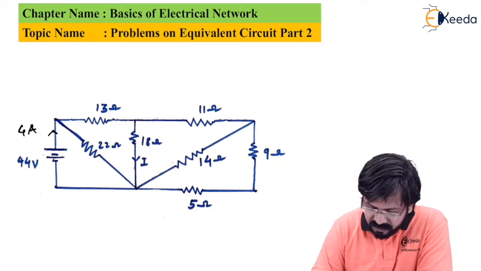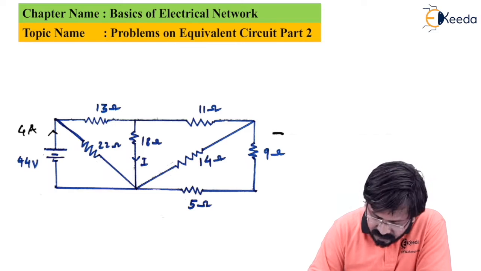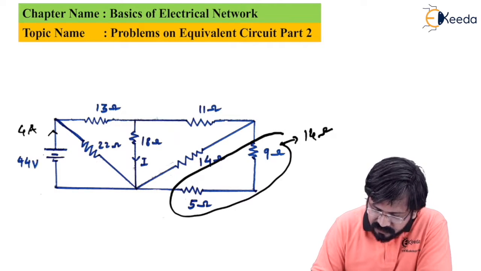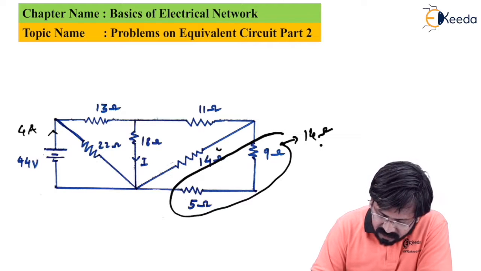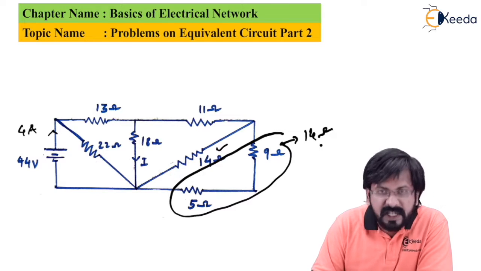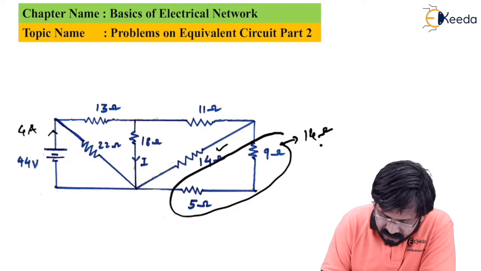Now try to understand the case again. We know the fact that 9 parallel with 5 became 14 ohms. This 14 ohms came in parallel with the other 14 ohms, became 7 ohms. 7 ohm comes in series with 11 ohms, becomes 18 ohms, meaning that there will be a parallel circuit across this, which will be 18 ohms.